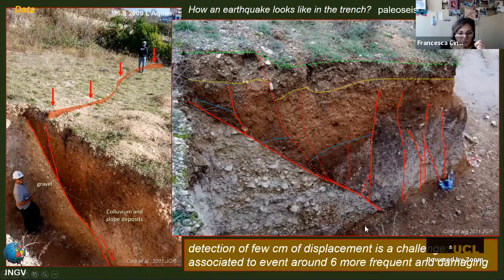But the remark is that the detection of a few centimeters of displacement is a challenge, because these are associated to events around magnitude 6, which are more frequent than the larger events, and they can be damaging. And of course, unfortunately, they can also produce casualties.